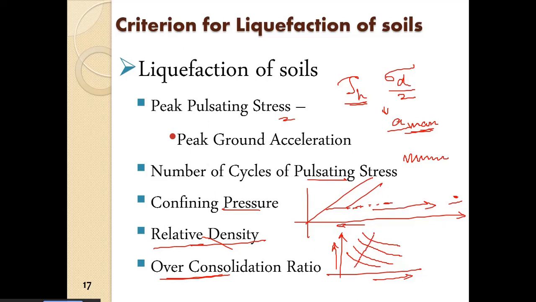So this is increasing relative density or increasing overconsolidation ratio. The same trend was observed in both cases. So these are some of the criteria of liquefaction of soil that we can isolate. They are the main factors that govern the liquefaction of soil.